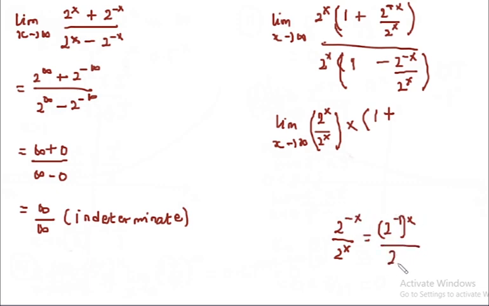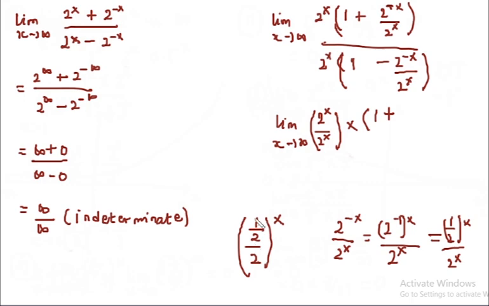So I have 2 to the power of x, then this can become 2 to the power of minus 1, which is basically 1 over 2. So this can quickly become 1 over 2 to the power of x divided by 2 to the power of x. If I put everything together, this can become 1 over 2 divided by 2, everything to the power of x.